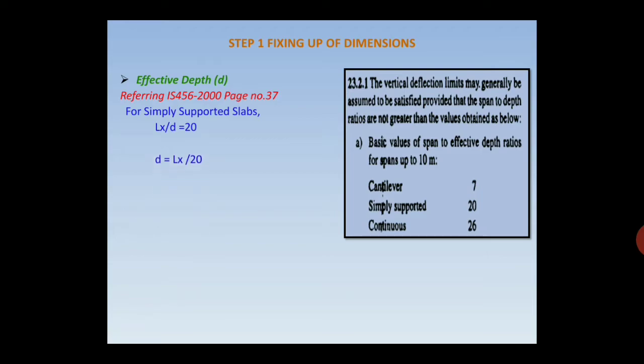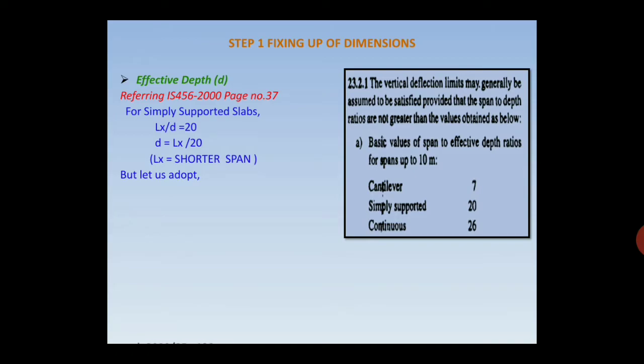Therefore, D is equal to Lx by 20, where Lx is the shorter span. This will remain the same always for all the slabs, let it be one way or two way. The effective depth will be fixed with respect to the shorter span only. Don't take the longer span here, otherwise your depth will be too high and your entire design example will be wrong.